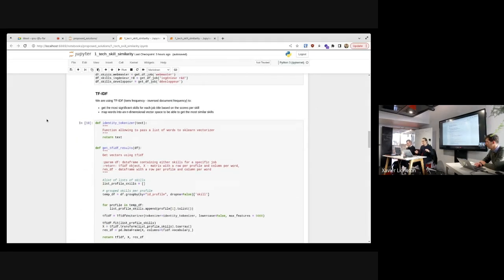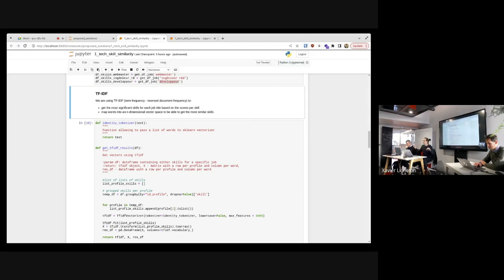So with TF-IDF, we will build a matrix of all of the skills that are present for a given job title. Basically, you count, let's say for the job title developer, all of the skills, like how many times the skill Python will appear in the whole data set.